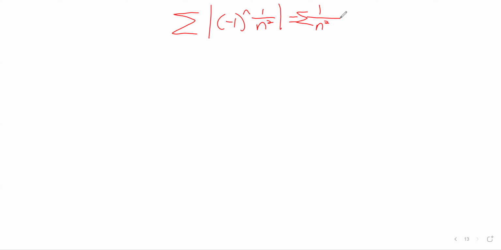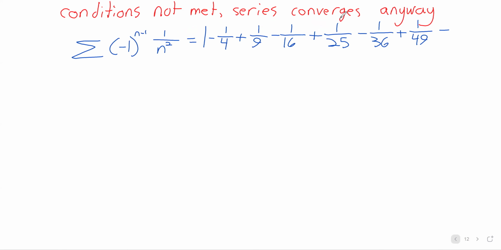So this series converges absolutely, and we haven't done anything with absolute convergence. But one thing I have said is that if a series converges absolutely, we can treat it like a finite sum, and we can move stuff around.